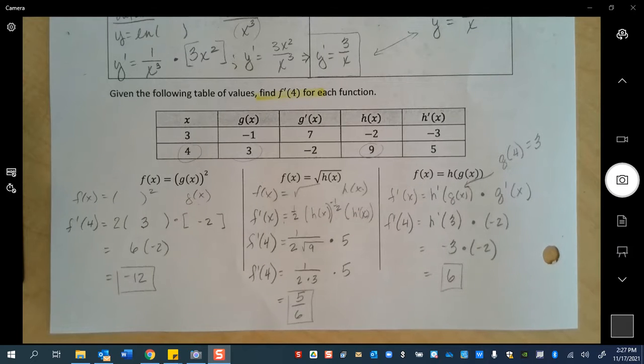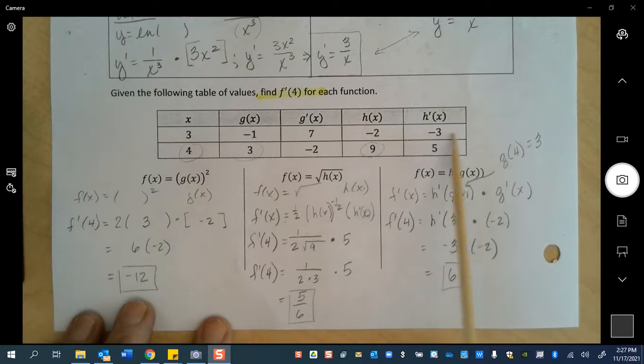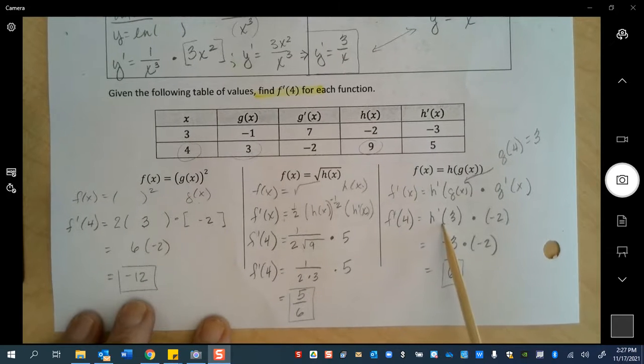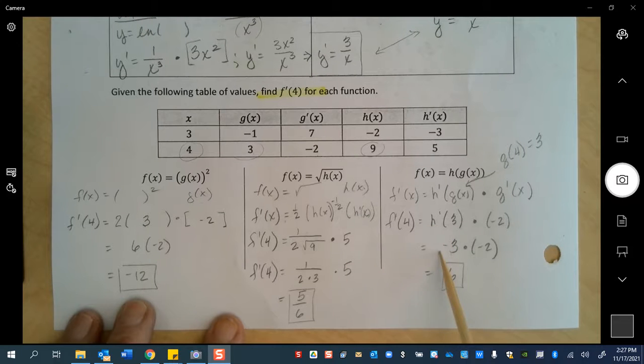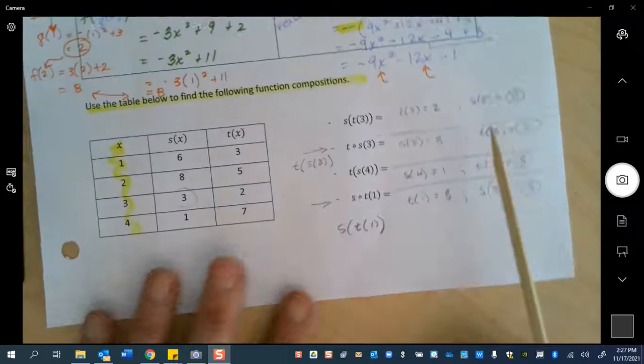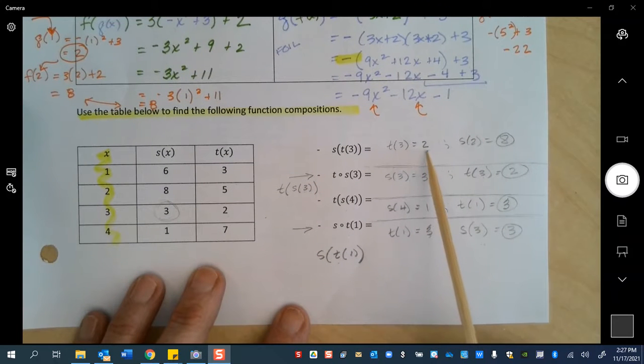Why is there a negative 3? Truly, the only thing that we needed from this whole value is h prime of 3. And that's where that negative 3 comes from. So all of these conversations were unnecessary. This 3 is negative because I wanted to find, so just like we did over here, you did your input, and then that output became the next function's input.